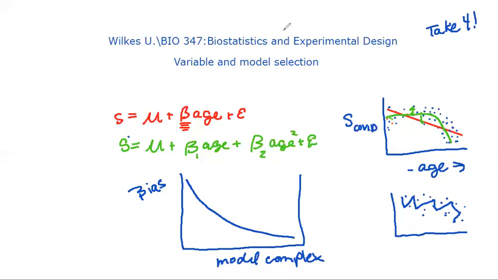But a competing problem is that the variance increases. A simple model is applicable to all observations and we lose that. What happens is our variance in future observations increases with model complexity.